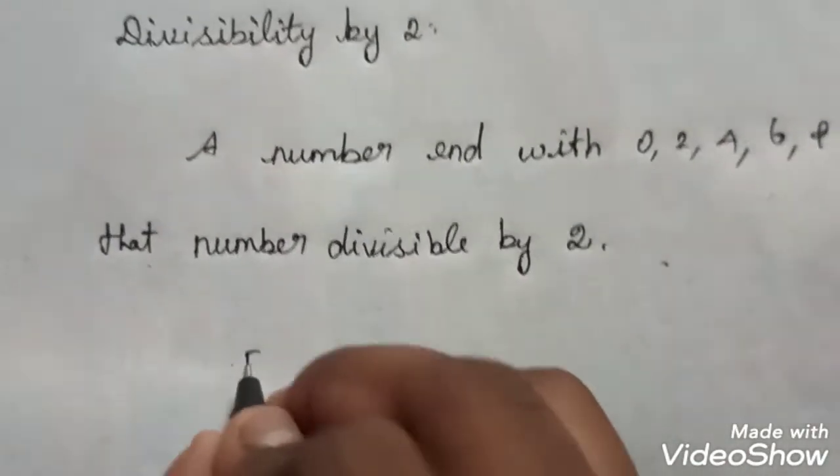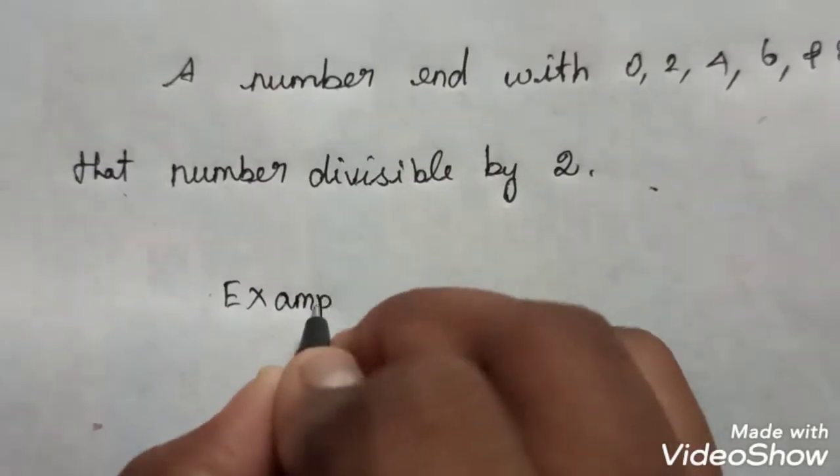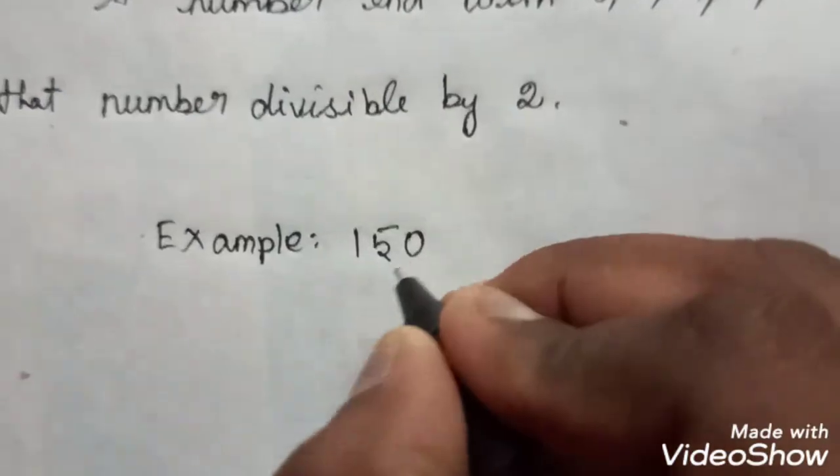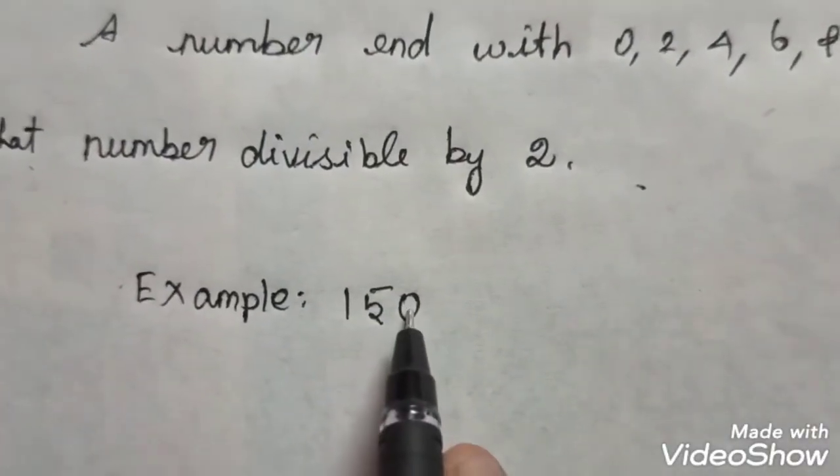For example, I take 150. Here the number ends with 0.